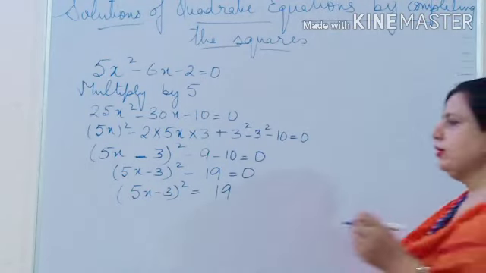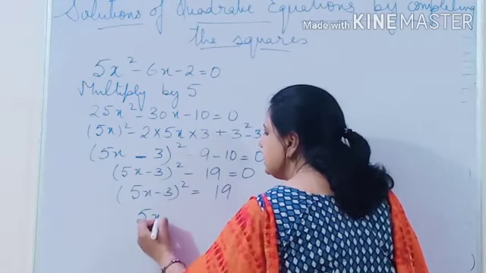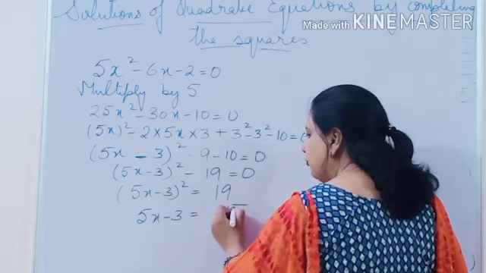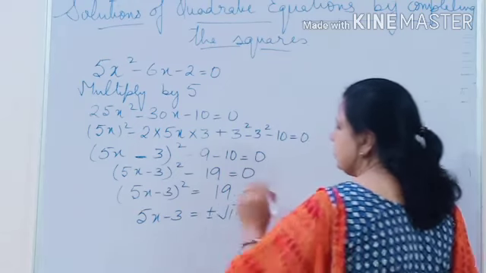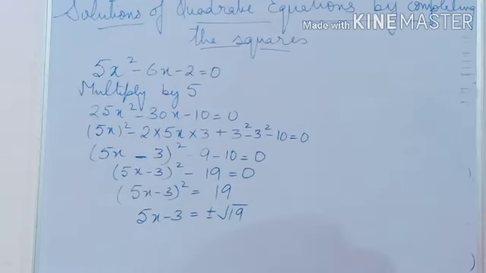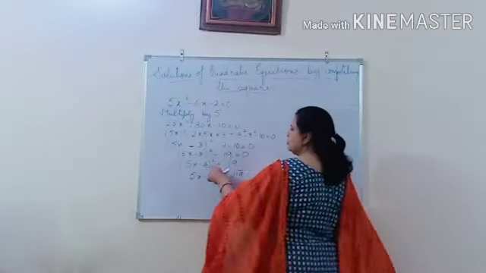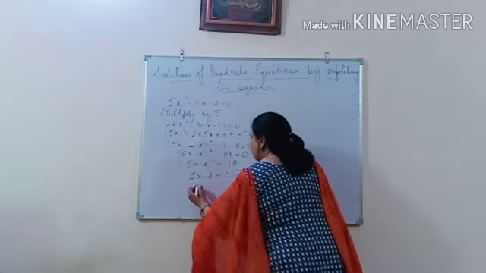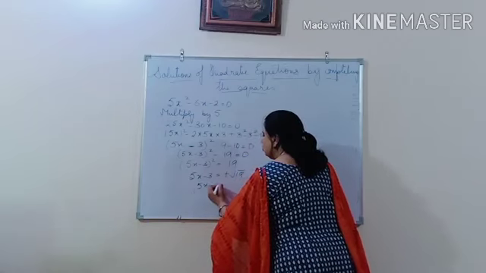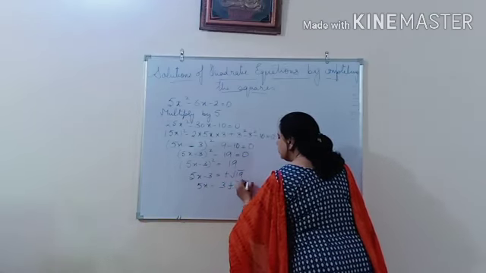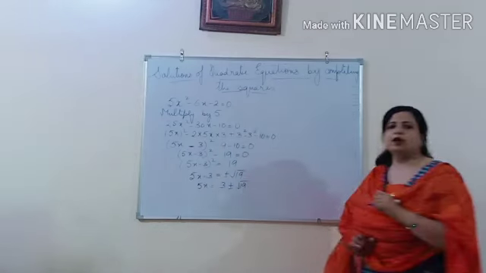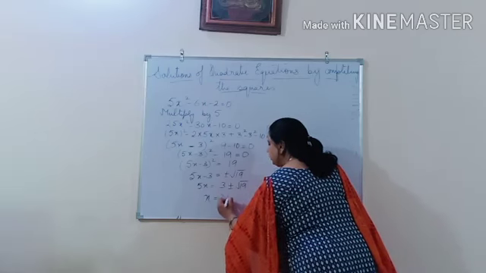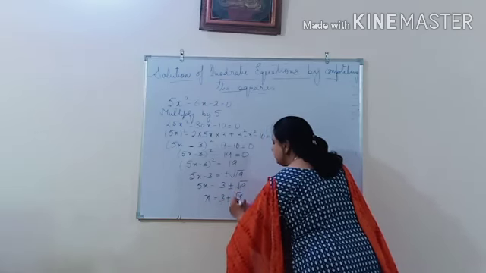Or we can write 5x minus 3 will be equal to plus minus under root 19. We have removed the square here, so this will become root 19. Now 5x equal to 3 plus minus root 19, or x equal to 3 plus minus root 19 by 5.